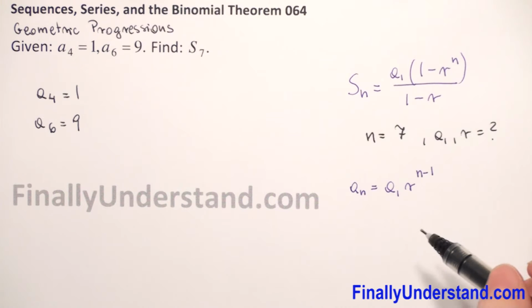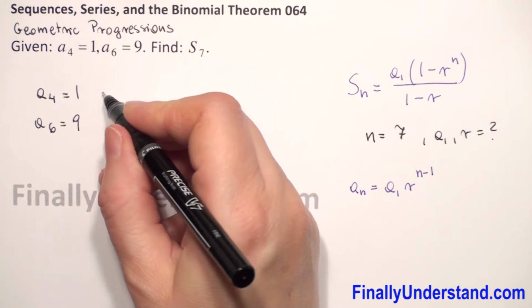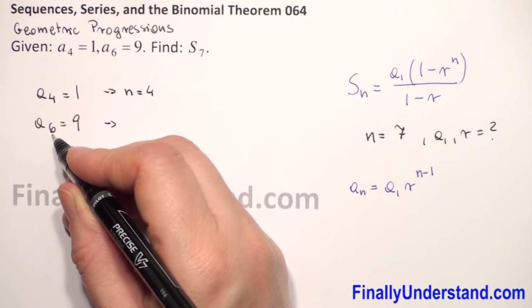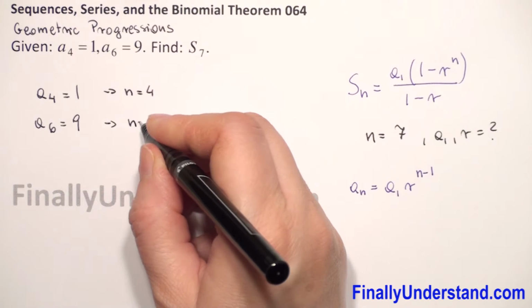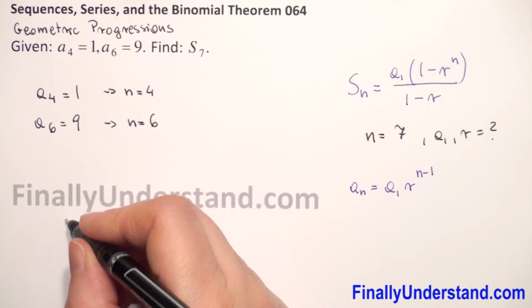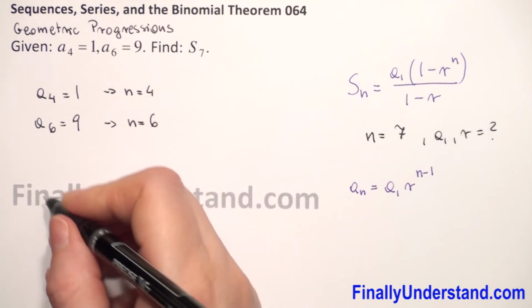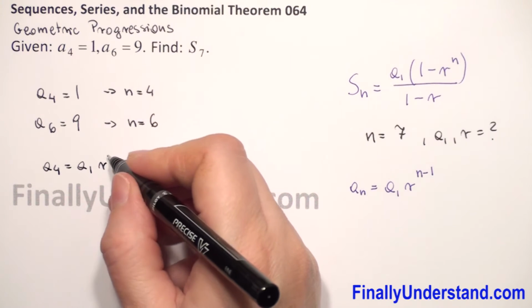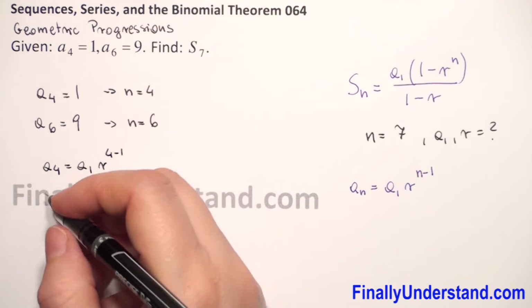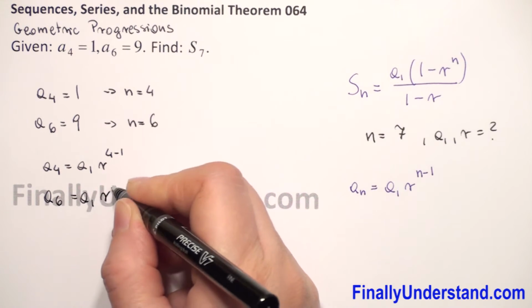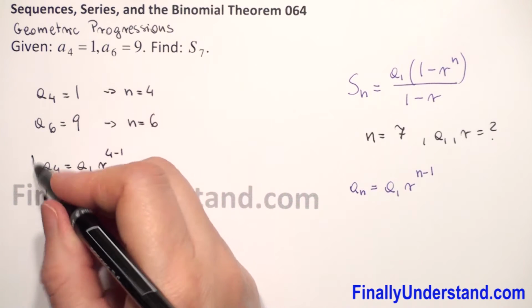So for a4, n is equal to 4, and for the a6 term, n is equal to 6. So we will have two equations. First, a4 is equal to a1 times r to power 4 minus 1. And the second will be a6 is a1 times r to power 6 minus 1.